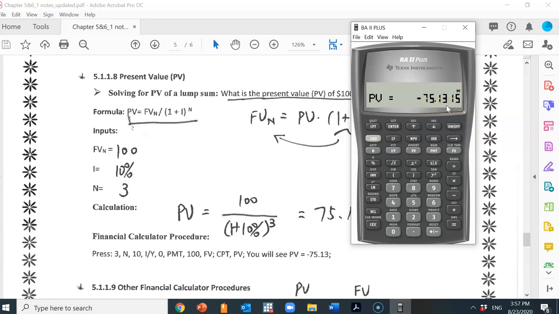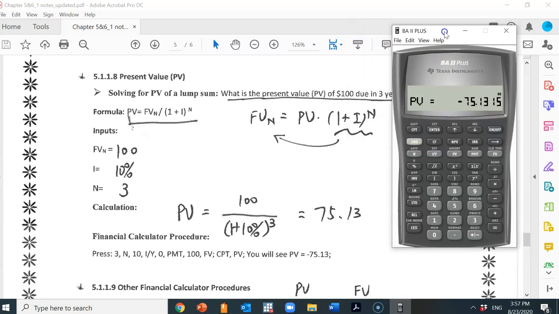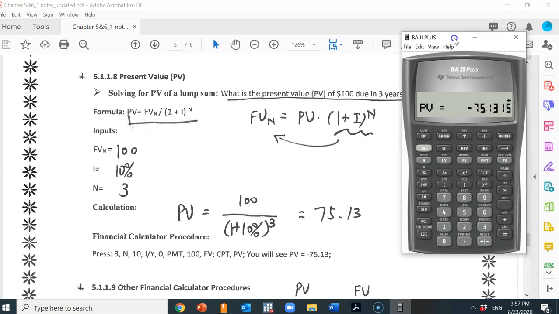Okay, if we want to receive $100 after 3 years, we have to deposit or pay 75.13 today. Okay, so this is how we work on present value or future value of a lump sum. If you want more practice, you could go to our homework, and I believe the first few questions in our homework 1 are about present value and future value of a lump sum.